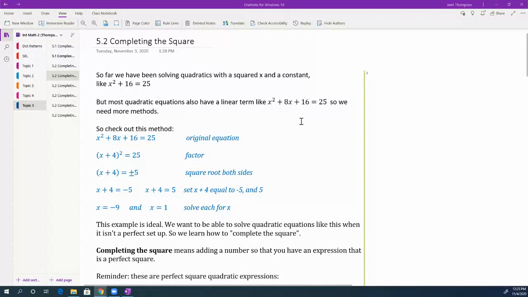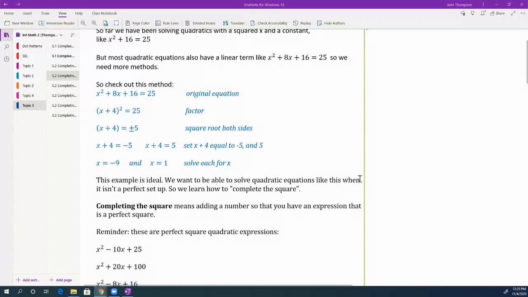So we're going to be talking about what it means to complete the square. I've got an example worked out here, and we're just going to use this as an introduction. It's not expected that you look at this, I explain it once, and you totally get it. I'm just going to give a little bit of an overview. Let's say I have an original equation like x squared plus 8x plus 16 equals 25.